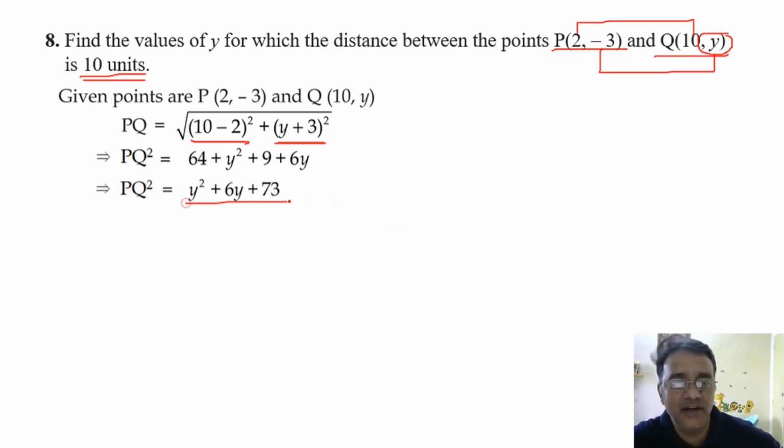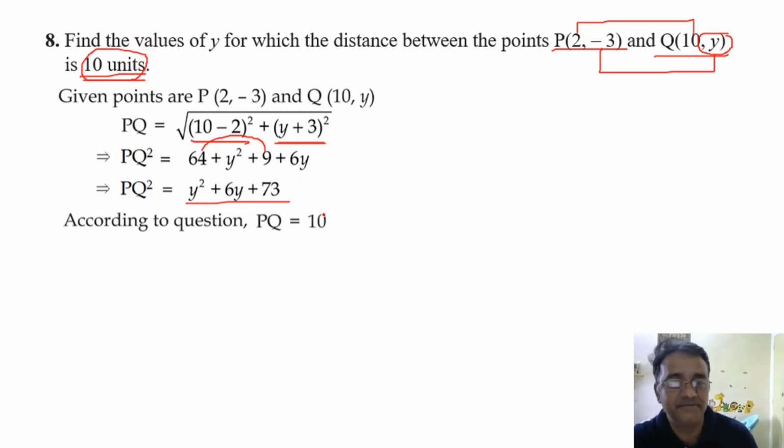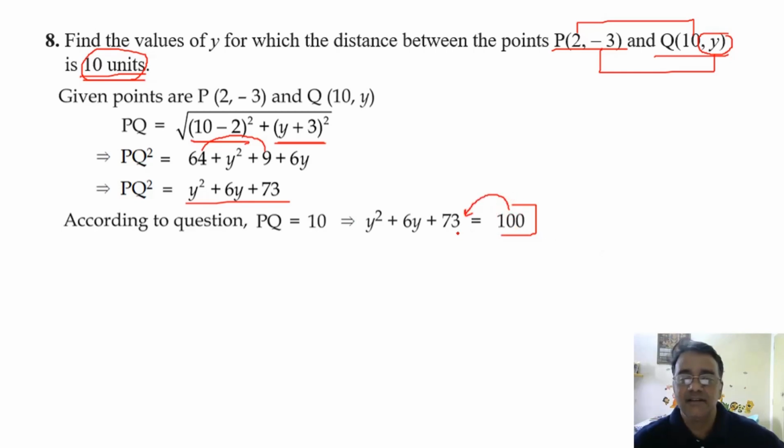Why this is equals to 100? 64 plus 9 is 73 हो जाएगा, because the PQ is given 10, so PQ square हो जाएगा 100. ये क्लियर है? Yes, sir. इसको शिफ्ट करेंगे तो माइनस हो जाएगा minus 100. So 73 minus 100, you will get minus 27.